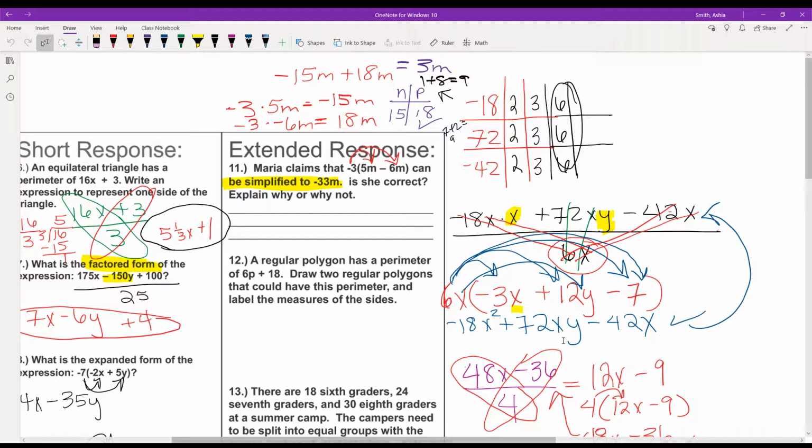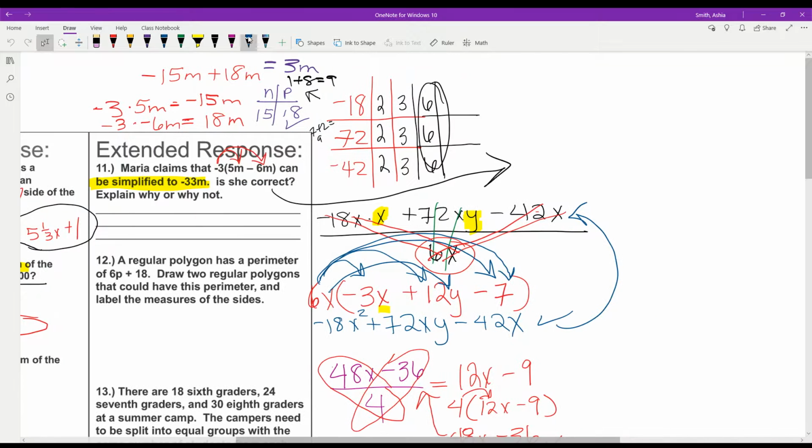You didn't have to distribute in this case, because inside of the parentheses you had 5m minus 6m. I'm going to draw that off to the side.